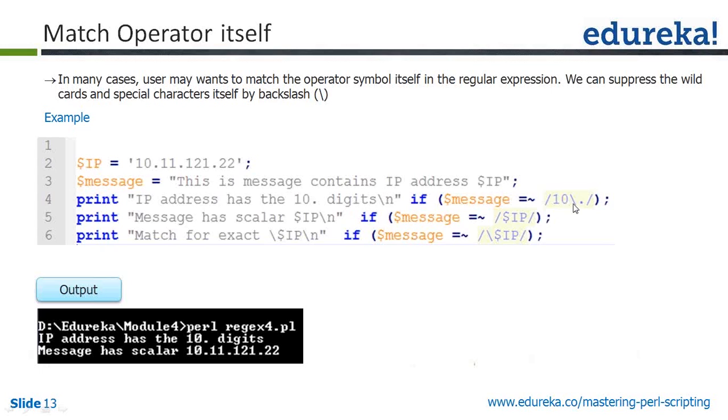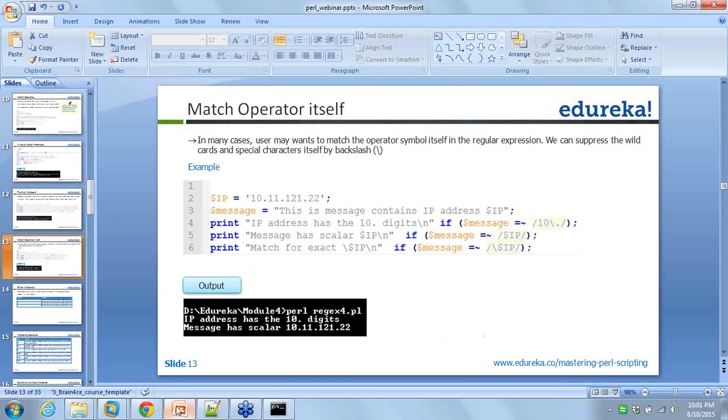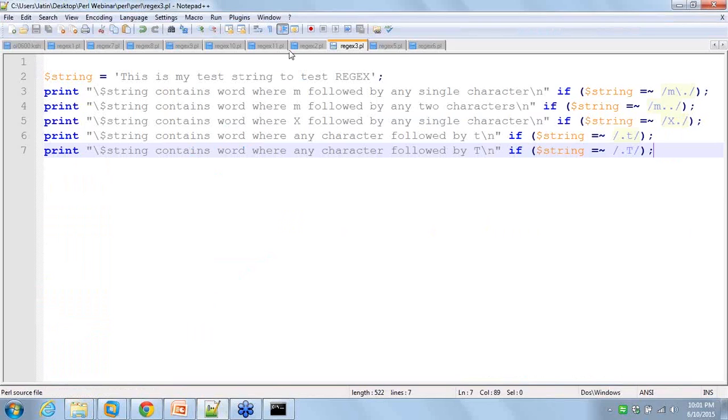So when I exactly look for a dot, it matches. Similarly, in the last statement, the sixth statement, it's a backslash $IP. What this backslash means is it suppresses the special meaning of dollar. Now in Perl, the dollar means it's a scalar variable. So it is exactly looking for a $IP. Now if you try to run this, which is my program, here it is. Okay, let me check it out.